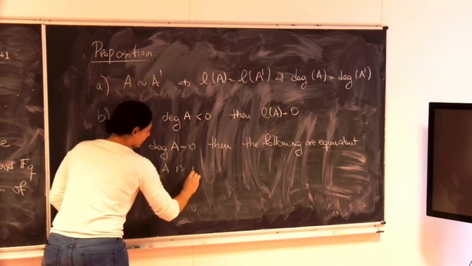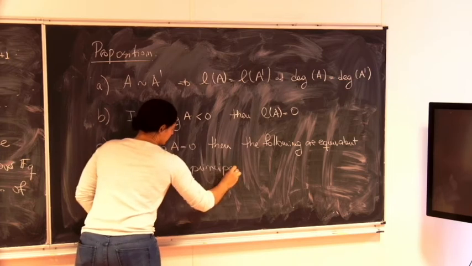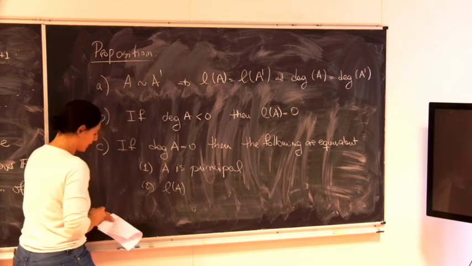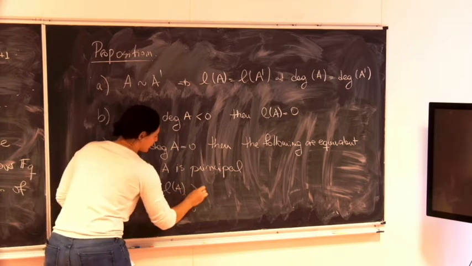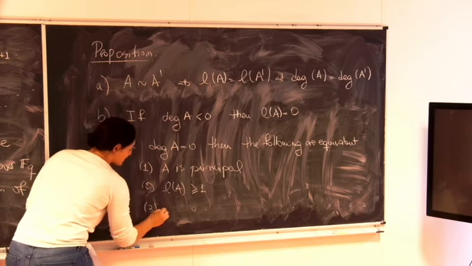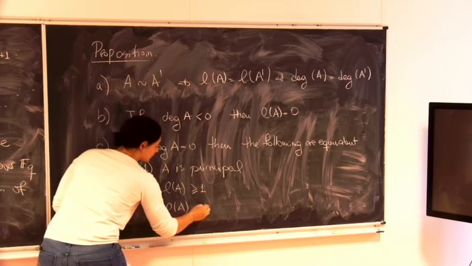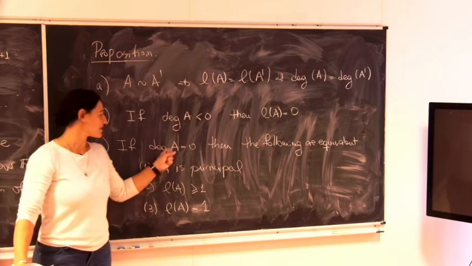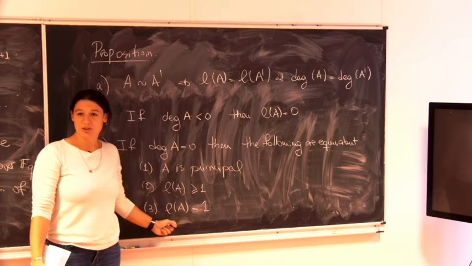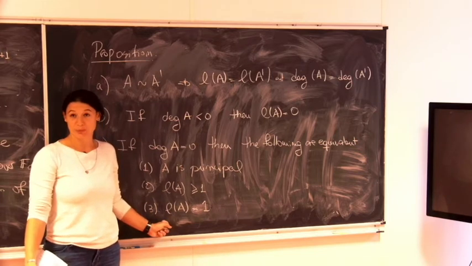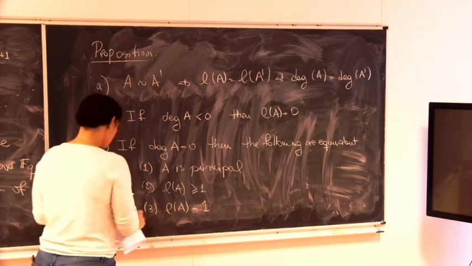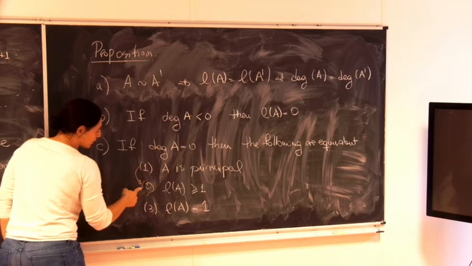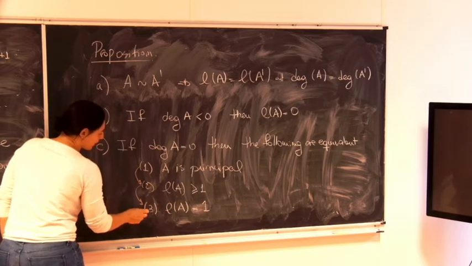One, A is principal. Two is that the dimension of the divisor is bigger or equal than 1. And the third is that actually it is 1. So if A is a principal divisor, the dimension of the Riemann-Roch space is 1. And here to prove this, you prove 1. If you have 1, then you have 2. 2 implies 3, and 3 implies 1.